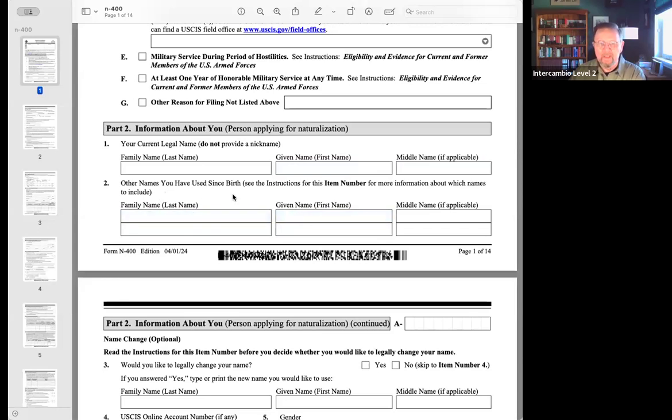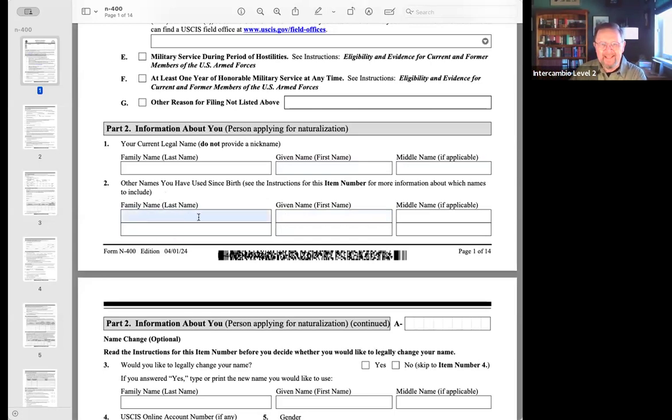Or maybe your nickname is something that people just knew you by. Gordo, maybe, something that is not the name that's on your legal birth certificate, passport, green card, that sort of thing.